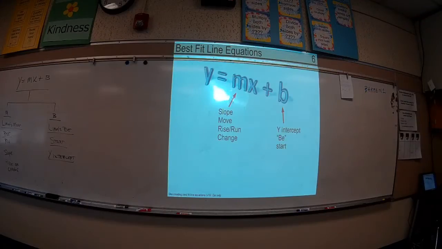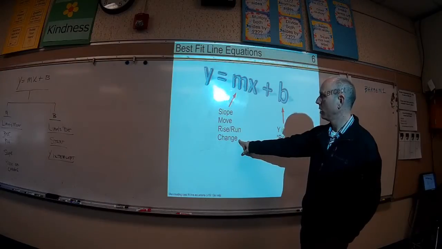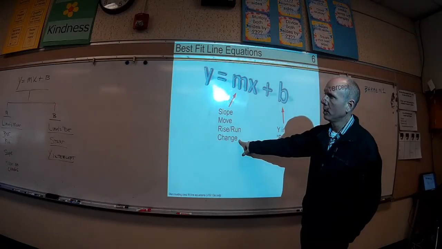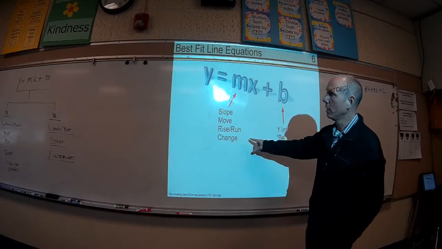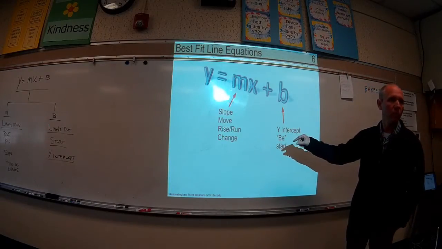There's all the stuff. How do we do? Slope, move, rise over run, rate of change for M. And for B, y-intercept and start. We got them all. Good job.